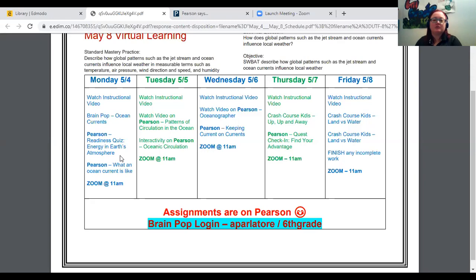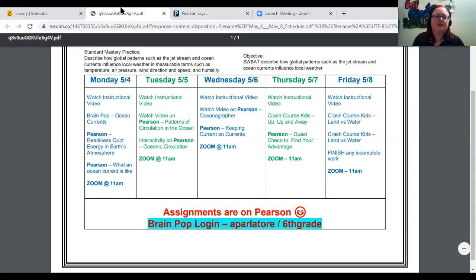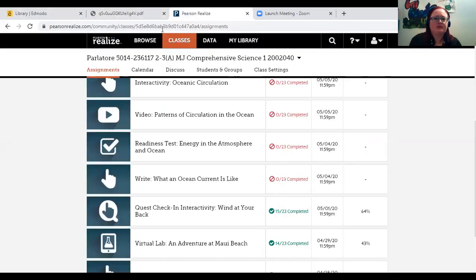So this readiness quiz, everybody should do really well on it. And in Pearson, you are going to do What an Ocean Current Is Like. That's basically an interactive activity, but it's super easy because it's only one slide. So that's why you have both of those together today.